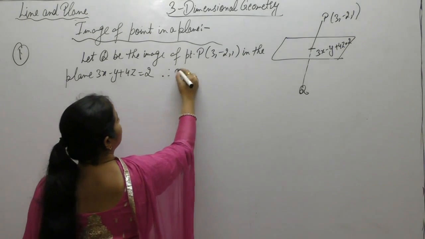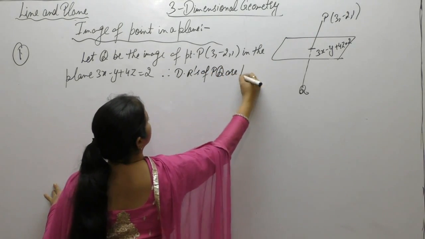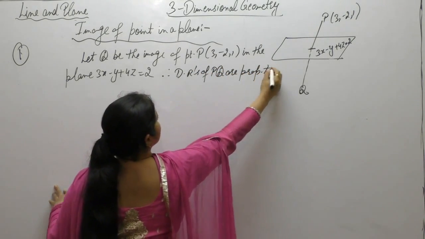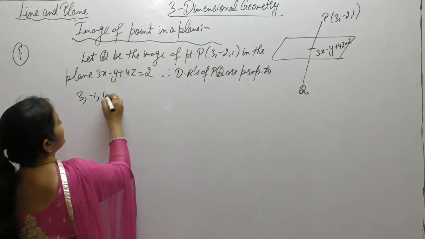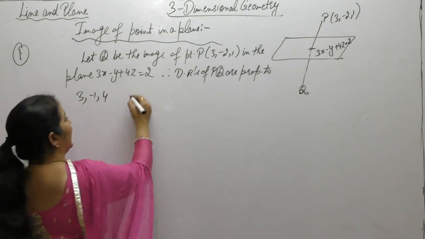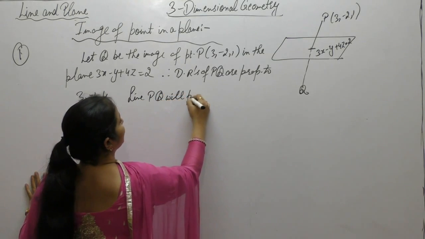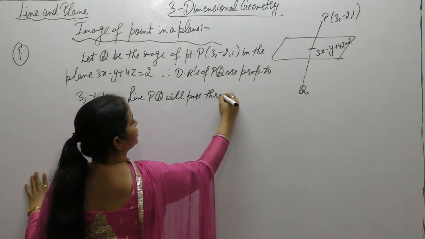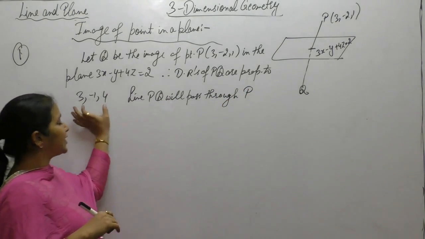Therefore, since PQ is normal to the plane, the direction ratios of PQ are proportional to 3, -1, 4. And line PQ will pass through point P. The line PQ passes through point P and has this direction ratio.